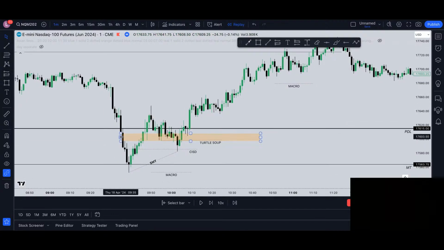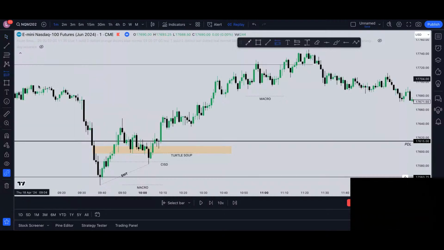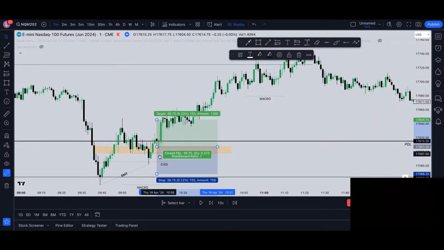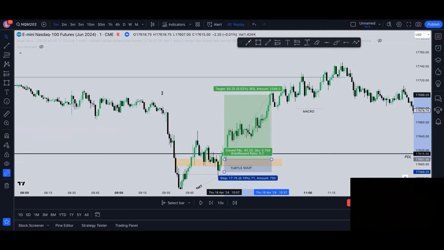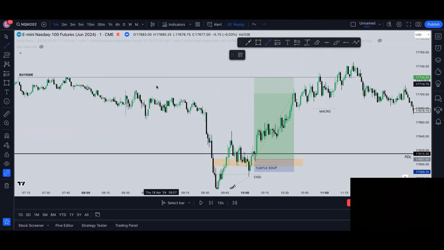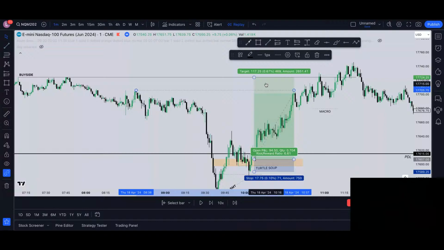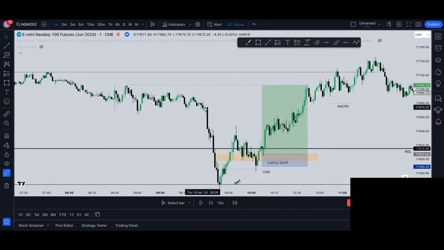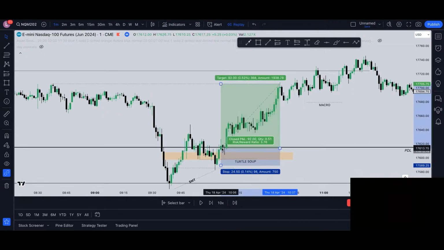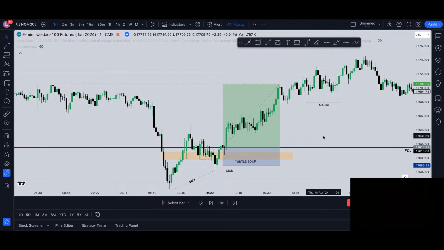Price closed above this fair value gap. You can either wait for price to come back to the fair value gap, this candle low, target the buy side while taking partials or logical levels, or you can even close your whole trade over on this buy side, 100 handles, or you can take entry when this candle closed above and touched the previous daily low, because previous daily low and previous daily high used in the right context are very deadly PD arrays.